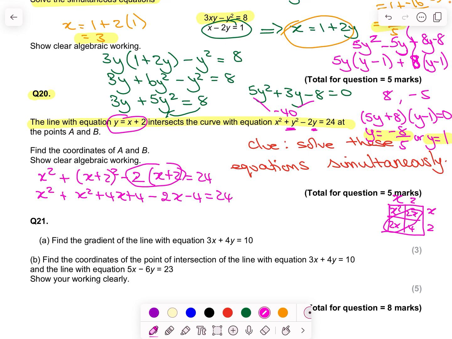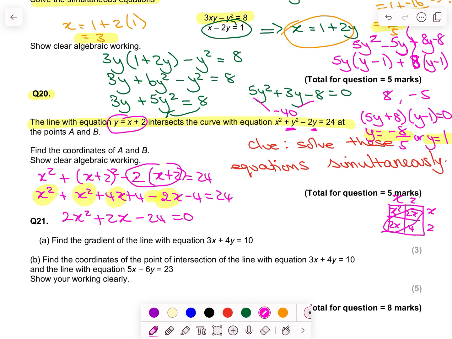Right, let's tidy up now. X squared plus x squared gives you 2x squared. Then I've got 4x minus 2x, which gives you plus 2x. And then I've got 4 minus 4, which is 0. And then I'm going to take the 24 over to the other side. So I'm going to minus 24 equals 0.